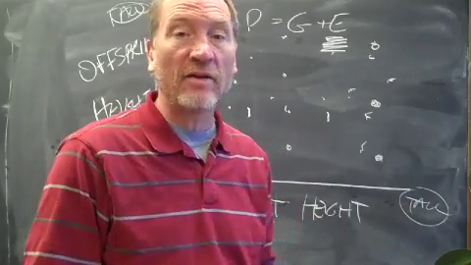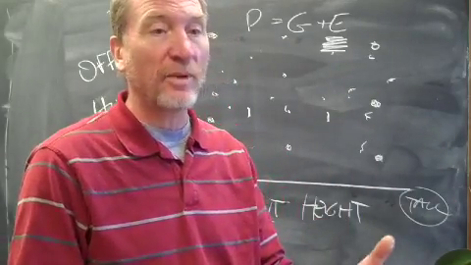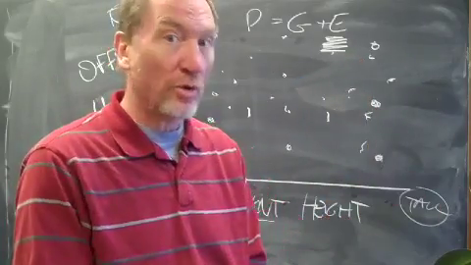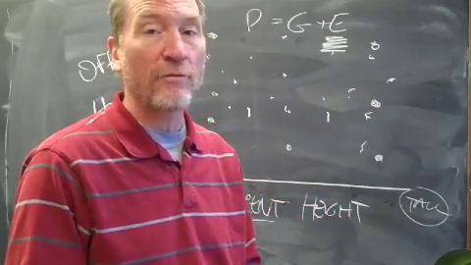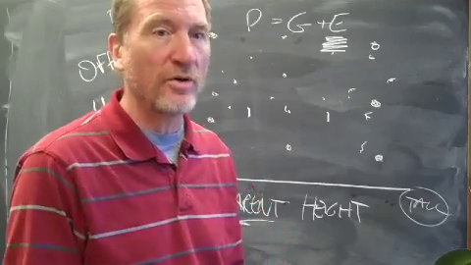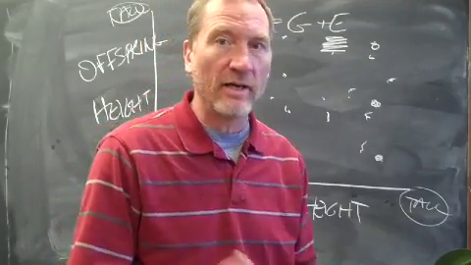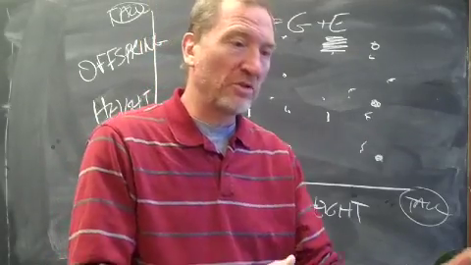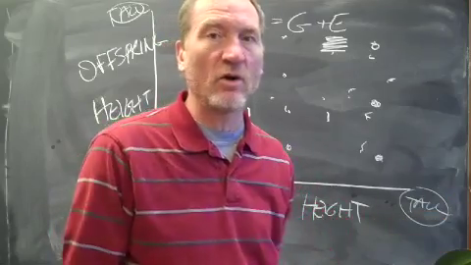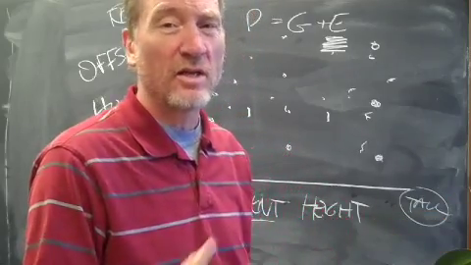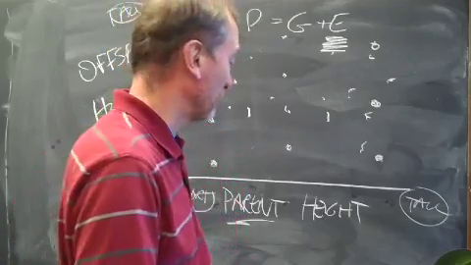Like the example I had in the lesson, where if you select a plant because it's tall and you don't know it, but it's growing on a very fertile part of land because it's on some manure, you're going to select that plant and think it's great. And then you grow it next year and it's growing in just usual soil and it's kind of mediocre. So that's a situation where environment has a really strong influence.